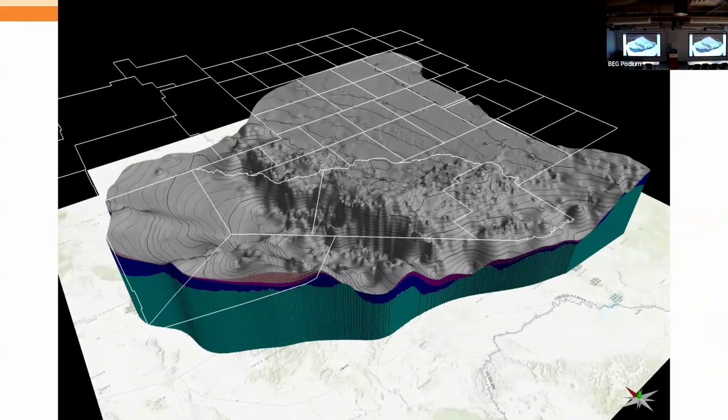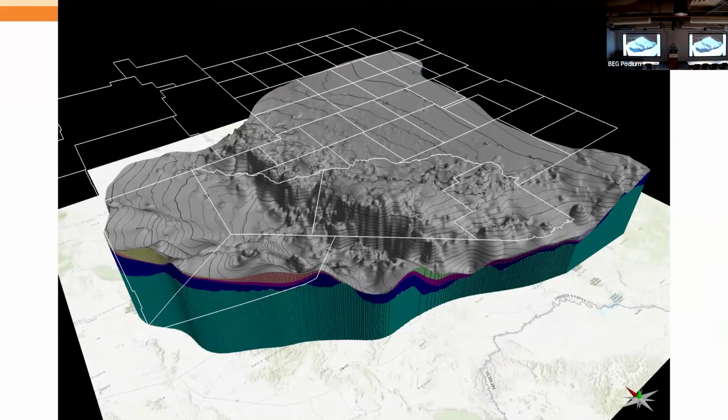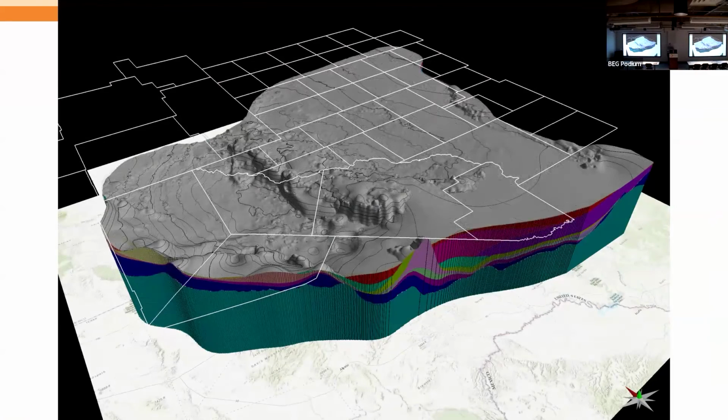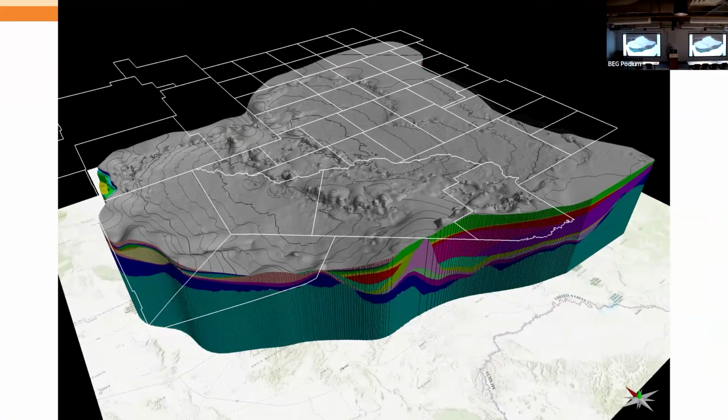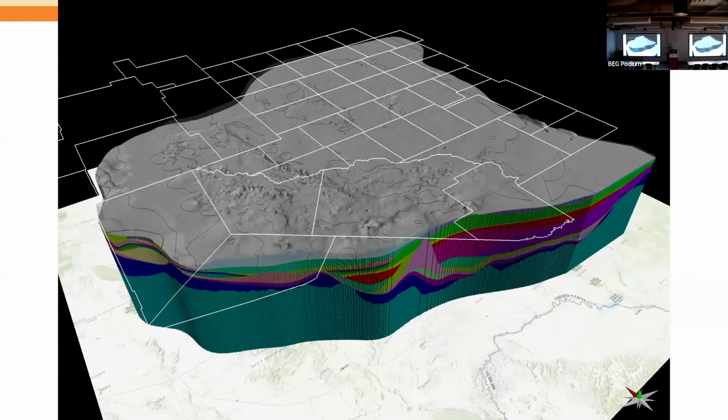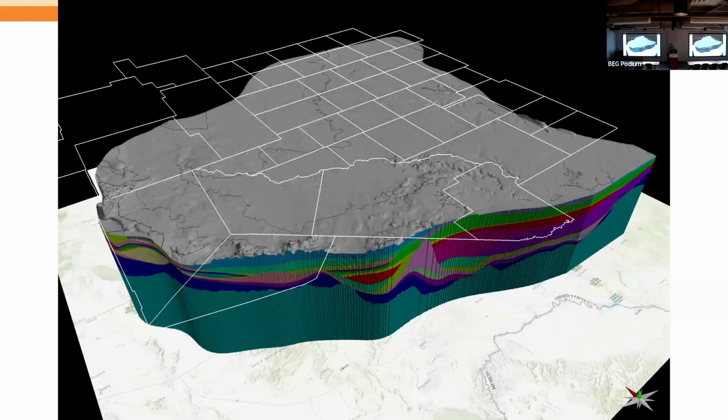And of course, once we build a three-dimensional model, we can build stratigraphically from the bottom up, showing the actual thickness layering of the buildup of the Permian Basin. This model right here is approximately 2.4 billion cells. What you need for that is a fairly reasonable computer. Mine has approximately 32 CPUs, about 256 gigs of RAM, and is a fairly new machine capable of handling this size model.